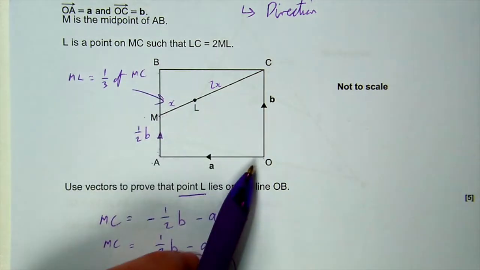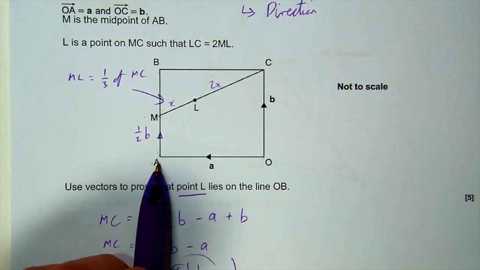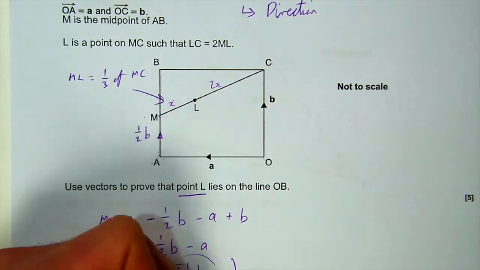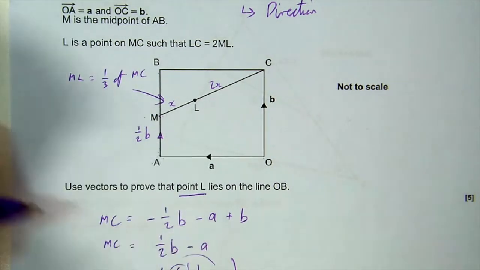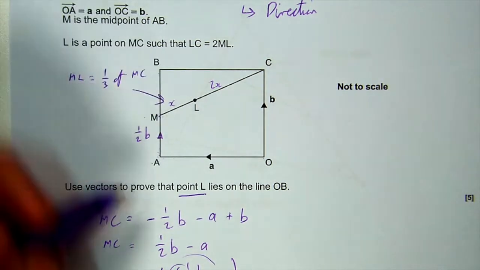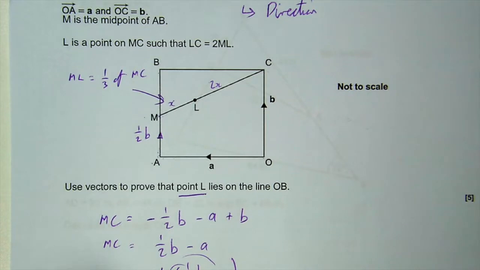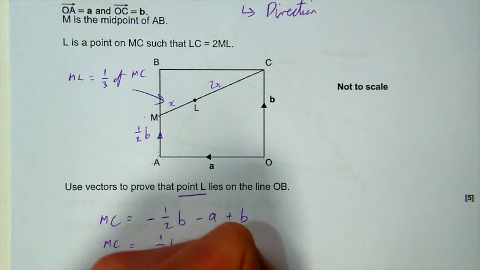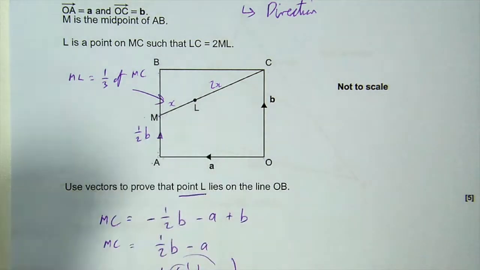Well, I'm going to go from O to A, then from A to M, so it's plus a half B, and then from M to L. Now I'm going to use my rule here. M to L is a sixth B minus a third A.